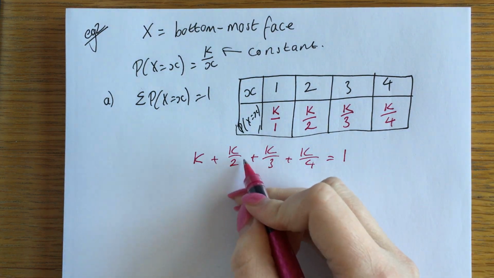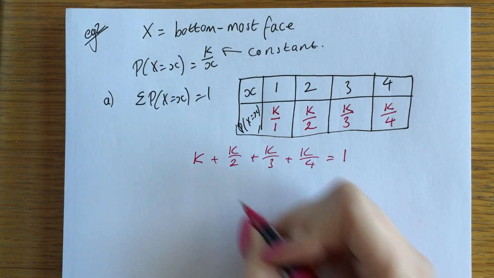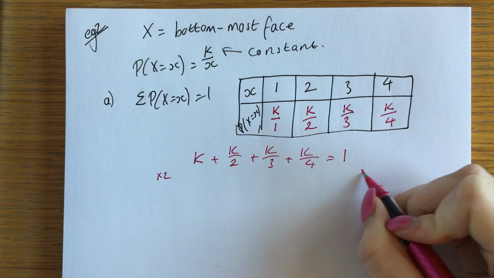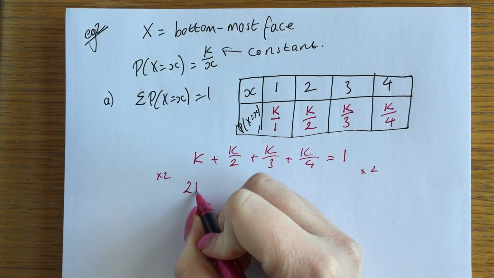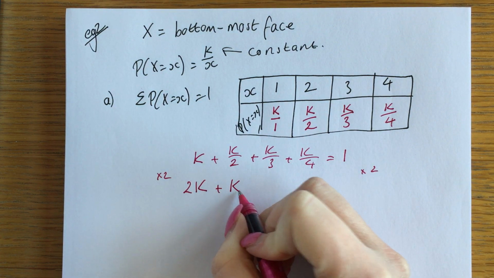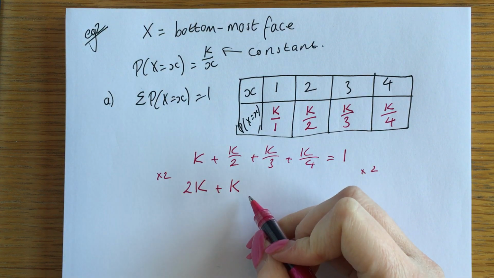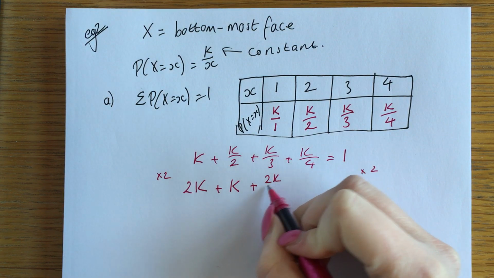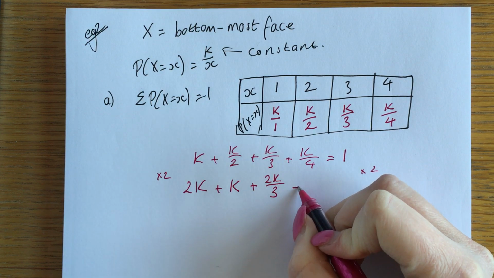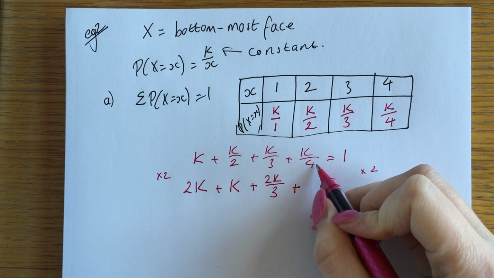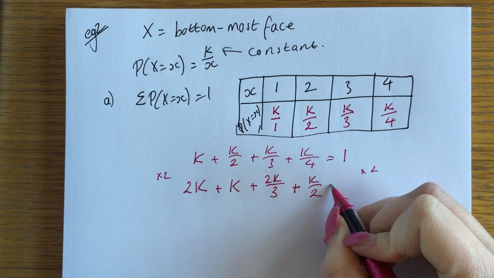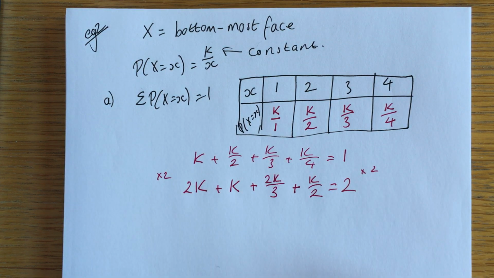So I'm going to get rid of this times by 2 first. So I need to multiply everything through by 2. So 2k plus k, because we've got k over 2, and I multiply it by 2, I'm just going to get k plus 2k over 3 plus, well, if I've got something like divided by 4 and I times it by 2, that's just going to leave me with k over 2.